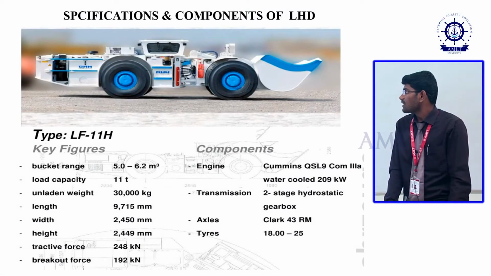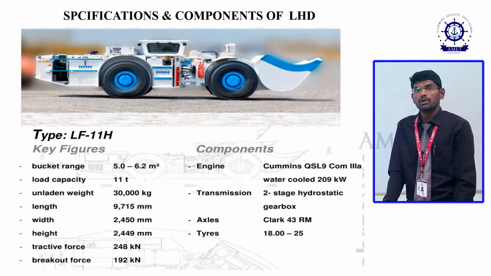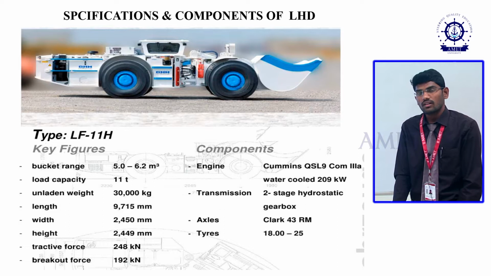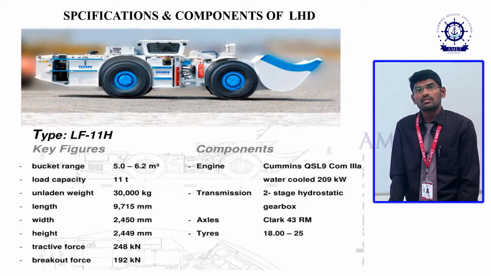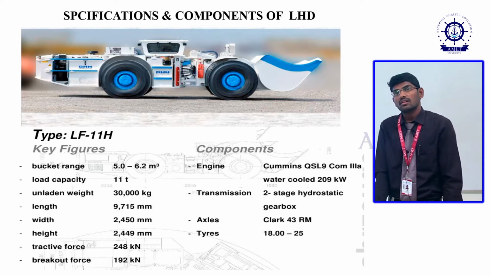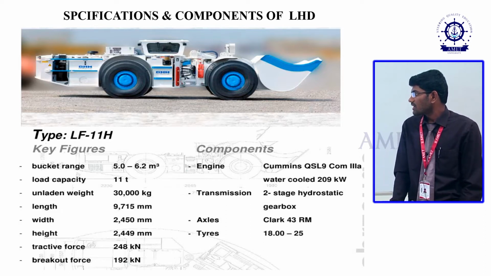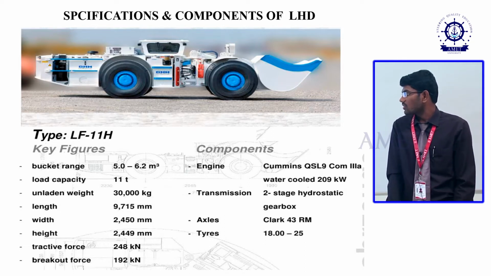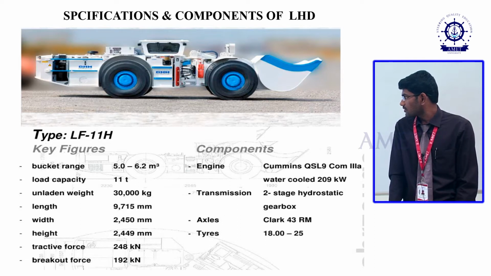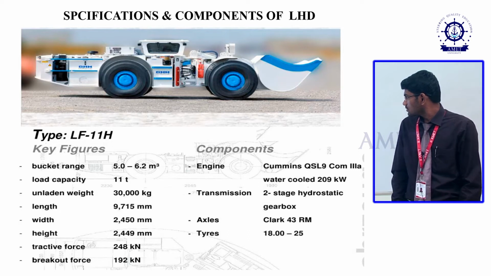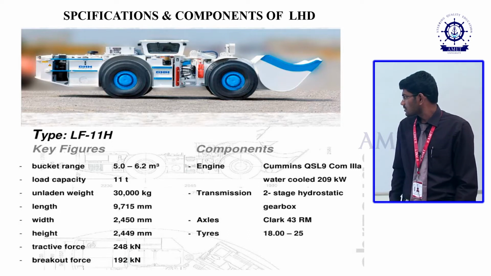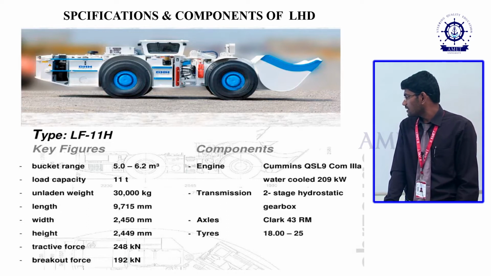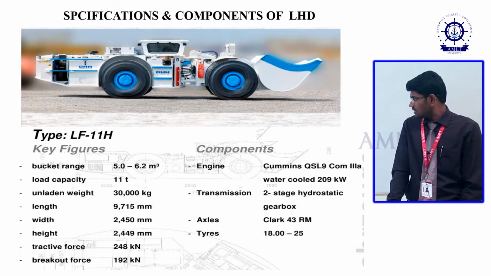Specifications of LHD: bucket capacity 5 cubic meters to 6.2 cubic meters, height 2 meters, width 2.4 meters, length about 9 meters, tractive force 248 kilonewtons, and breakout force 192 kilonewtons. Engines are water cooled, 209 kilowatts, axles Clark 43 RM, and tires of PSI 18 to 25.